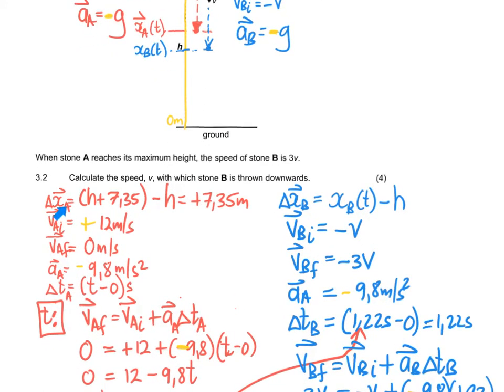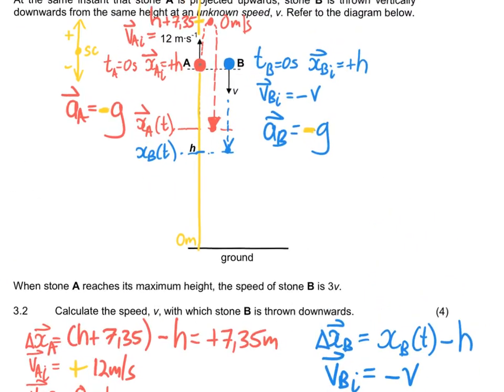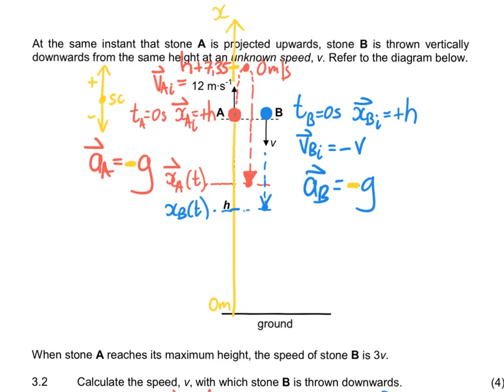Delta XA is in effect 7,35 meters. Sorry, what I have here is if I was working out the time for it to move up, and we've done that already in the previous problem, so we don't actually need that now.